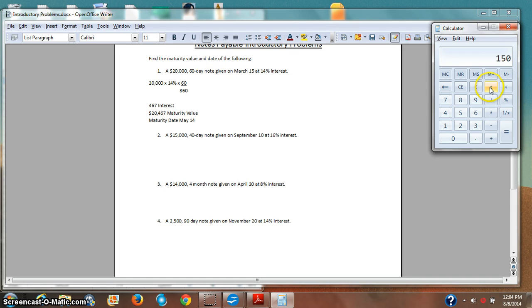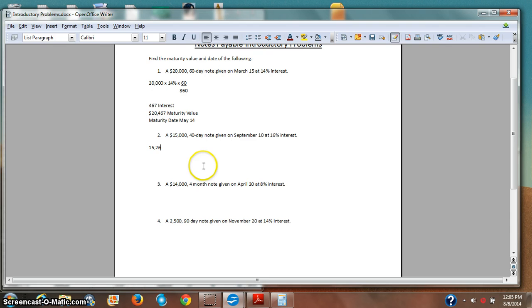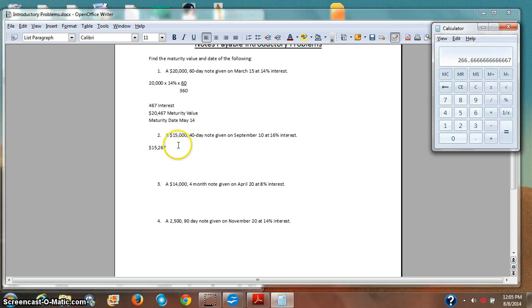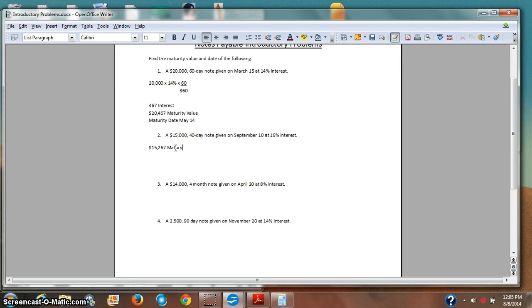I'm going to take $15,000, multiply that times the interest rate, multiply that by the number of days, but I'm also going to divide it by 360 so I can get that fraction. And that works out to $267 in interest, but then of course I'm going to add in the principal, $15,267. There's my principal plus the interest. This is the maturity value again.